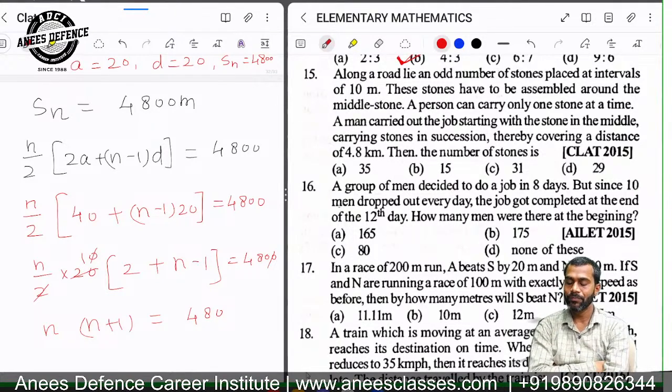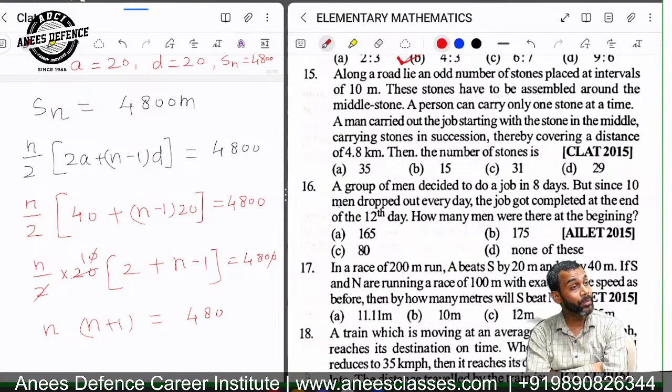Purva, have you understood? See, 4.8 kilometers is the total distance, right?